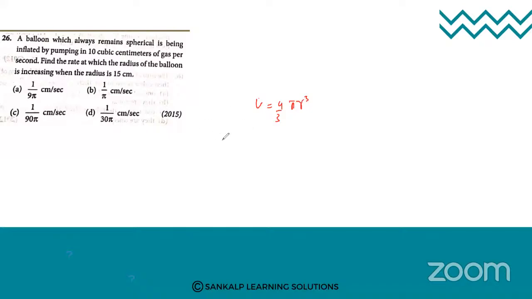When we differentiate this, we get dV by dt with respect to time, equal to 4 by 3 pi, r cube derivative will be 3 r square, dr by dt. The 3 and 3 will cancel, so we get 4 pi r square dr by dt. Now we know dV by dt is 10 centimeter cube per second and r is 15.